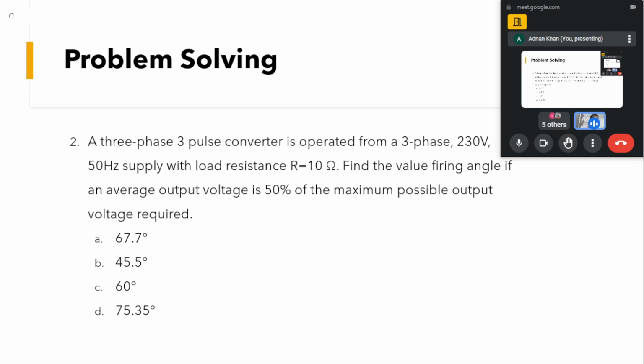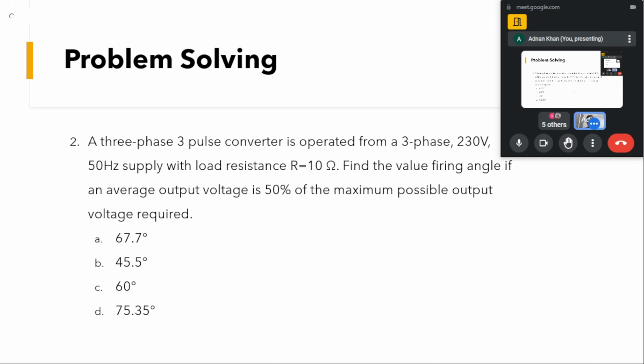So what we have to find is, with this three-phase converter we will be able to have some maximum amount of average output voltage. Now because we have to find the value of the firing angle, that means these are the control devices.